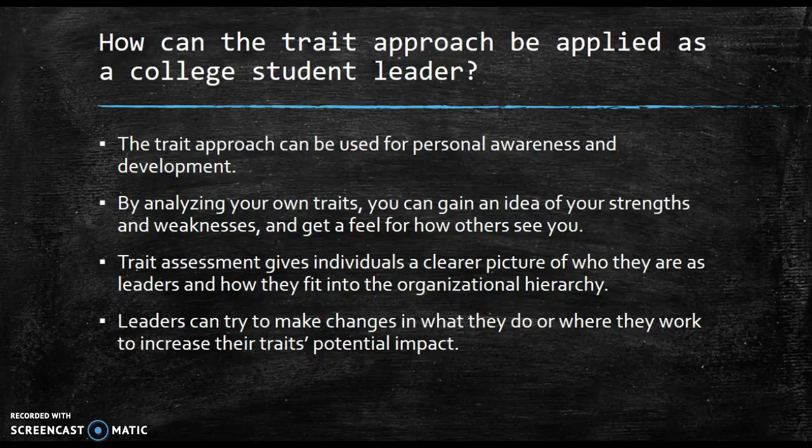And leaders can try to make changes in what they do or where they work to increase their traits' potential impact. So there's a lot of good things that can come out of exploring what your personal leadership traits are, and it can only help to improve the traits that you do have.